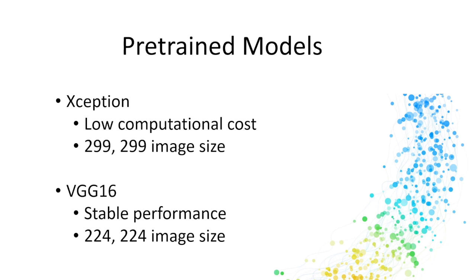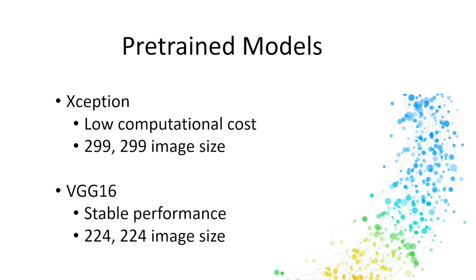One of the main reasons for choosing VGG16 is that it offers different pre-processing in the use of its image sizes. It requires 224 by 224 instead of 299 by 299 like Xception does. We thought this would offer some variation compared to Xception while still maintaining our desire to use a non-commonly used pre-trained model.